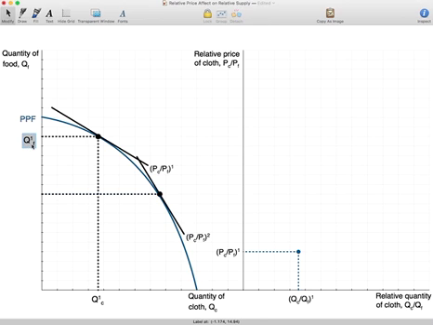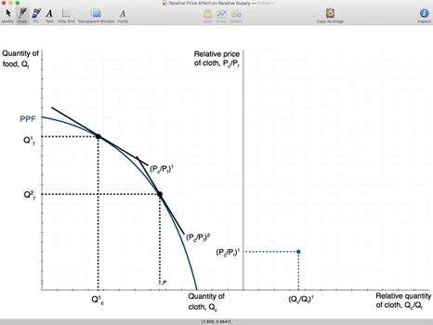So let me copy and paste this and change the notation. So this is a 2. So we see a decrease in the production of food because the price of cloth has increased, so it's a more valuable commodity to produce cloth. So we're going to be shifting resources away from food and to cloth.